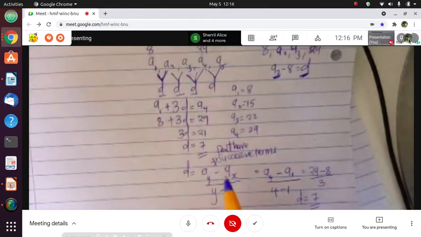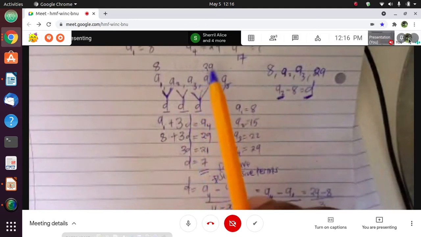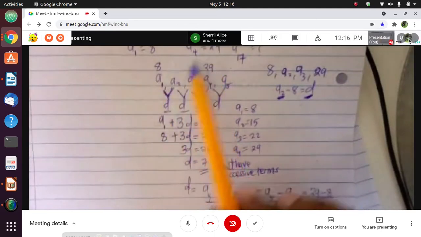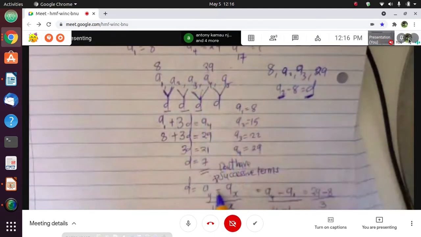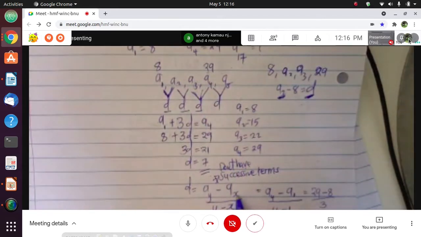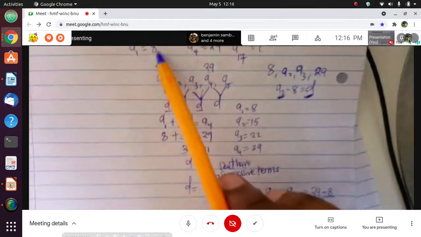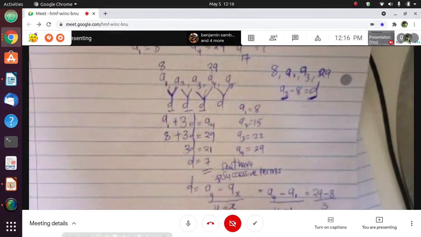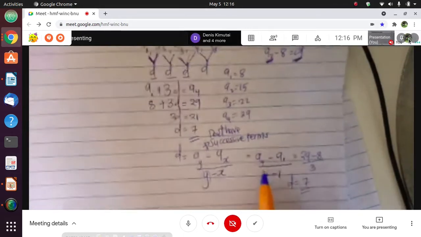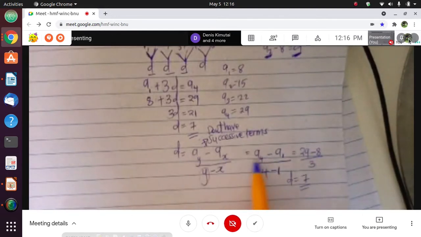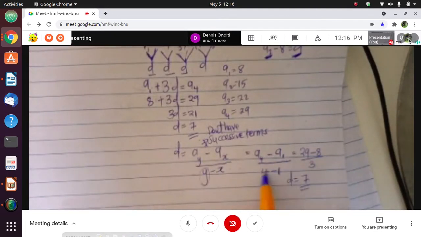If I'm given, in this case, between A1 and A4, ile term ambayo ni kubwa ni A4. So AY will be A4 minus AX, which is the first term, or the smaller one, divided by Y minus X. In this case, Y will be 4 and X will be 1. So the common difference in this sequence will be A4 minus A1 over 4 minus 1 to give us 7. Sijui kama tumeelewana hapo.